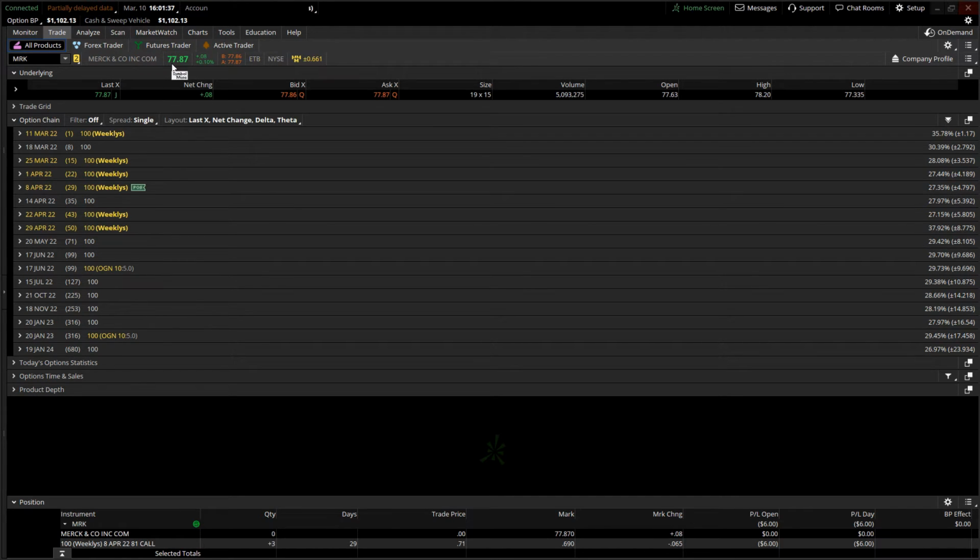So even though price closed today at $77.87, I'm anticipating a move towards the upside, at least at or above $81 on or before April 8th. And if we look on the right side here, under implied volatility, the market is anticipating a plus or minus move of $4.73.